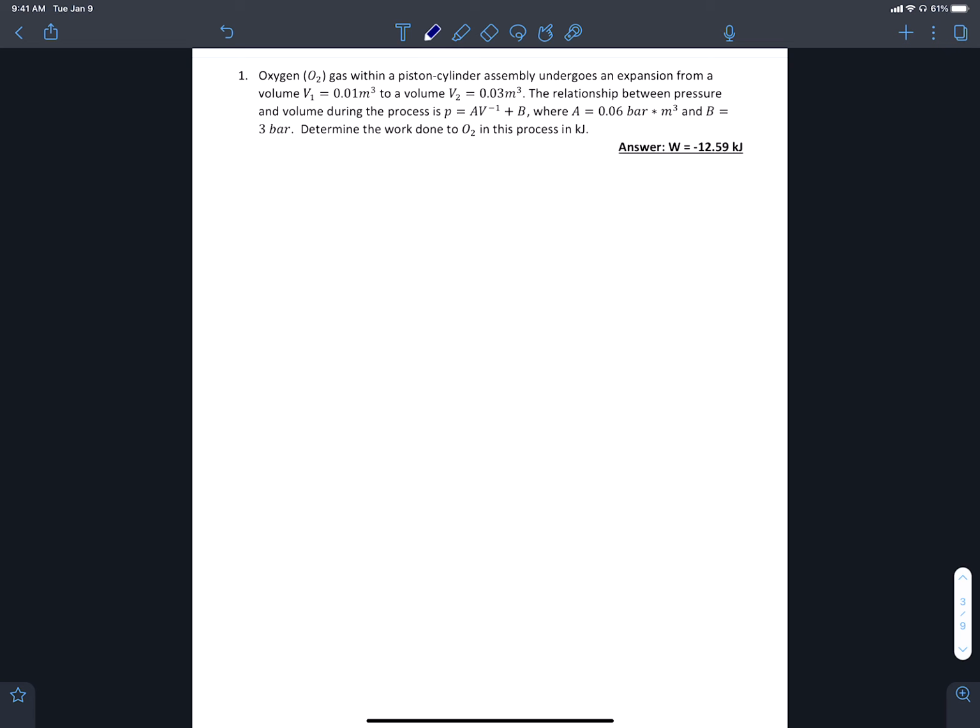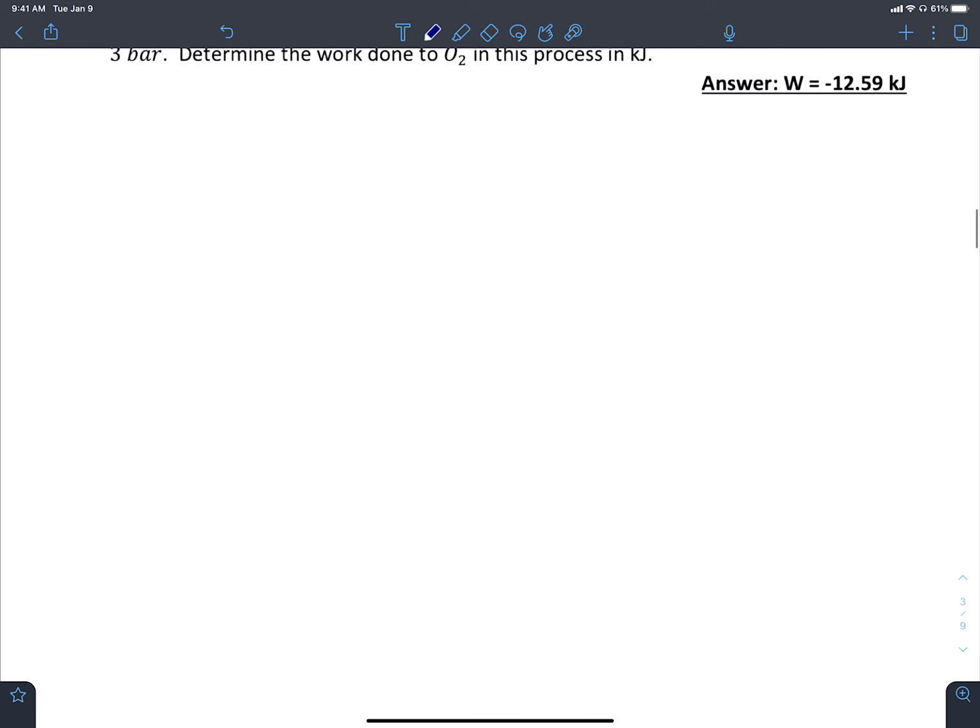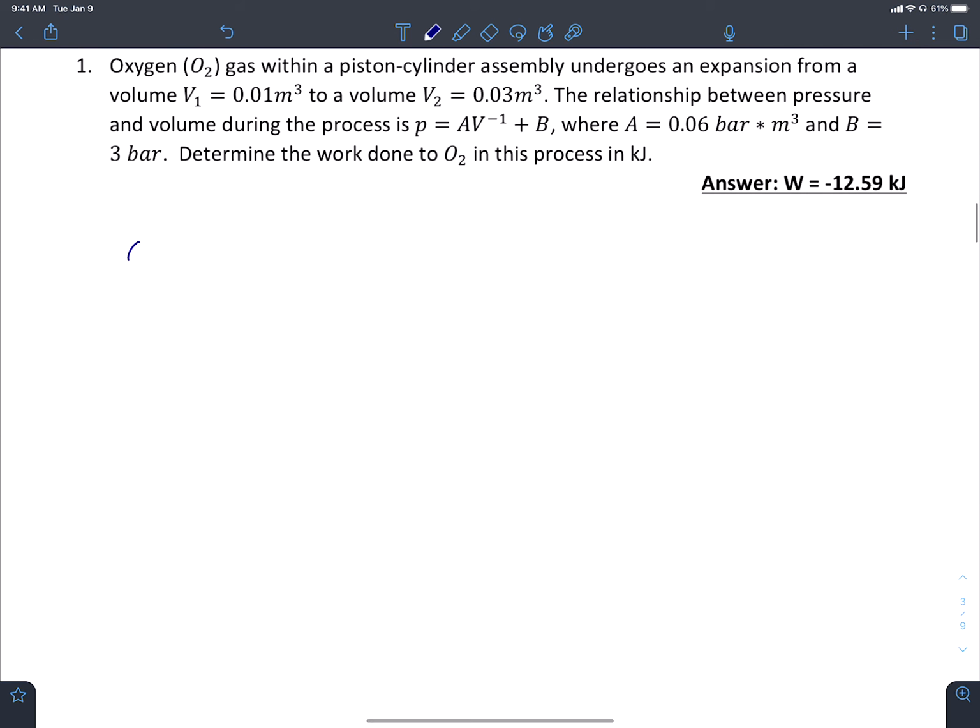So the first thing we want to do, as always, is write our givens. V1 equals 0.01 meters cubed. V2 is equivalent to 0.03 meters cubed. We're given this relationship. Sorry, it's not PV.